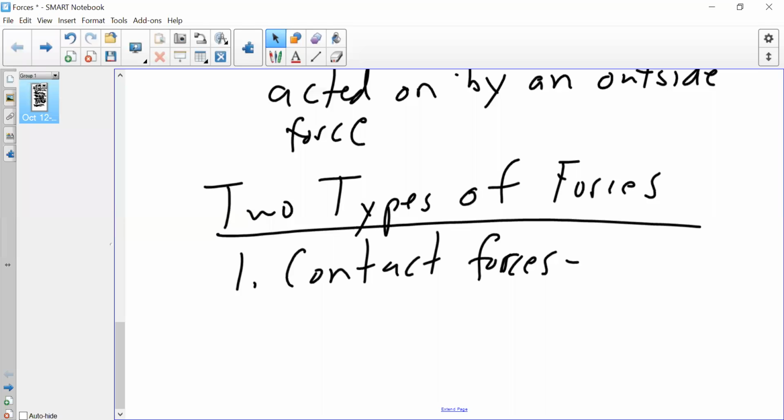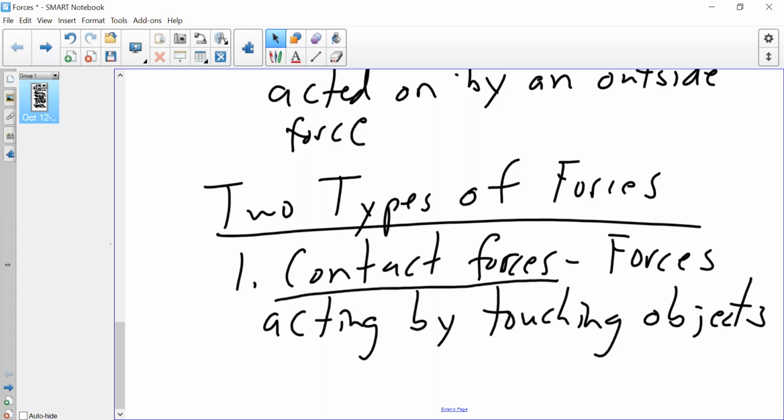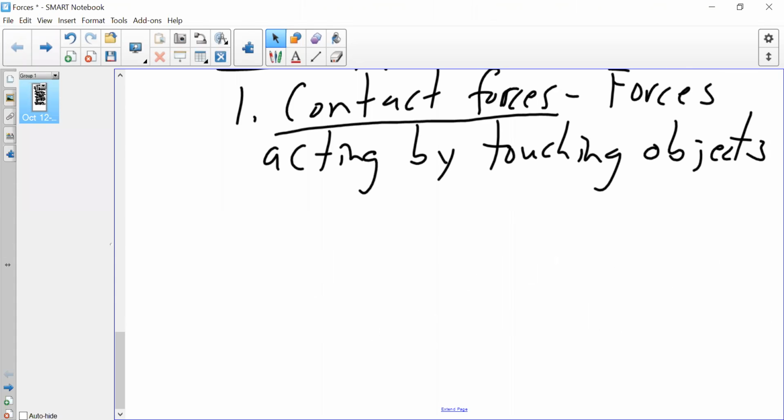All right. So forces acting by touching your objects, and forces that require contact. And then there are the field forces that don't require contact.